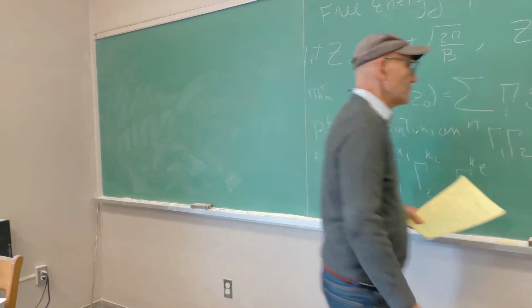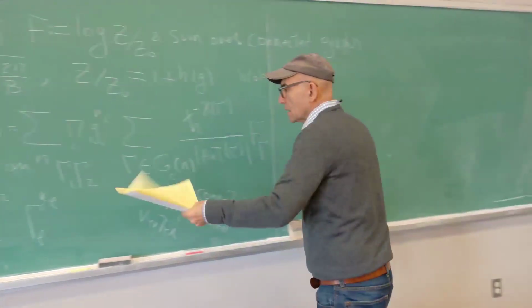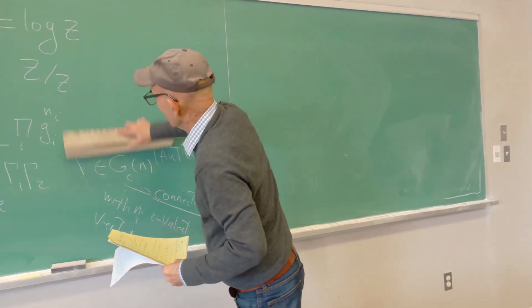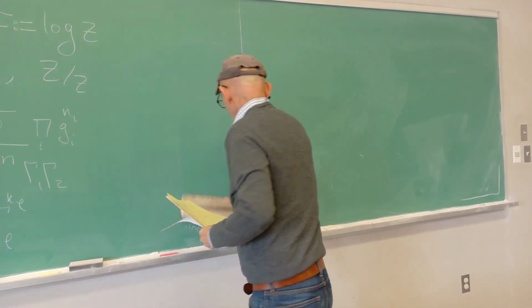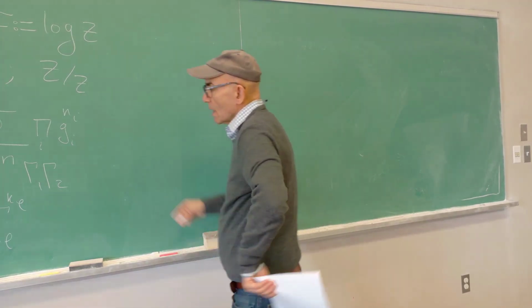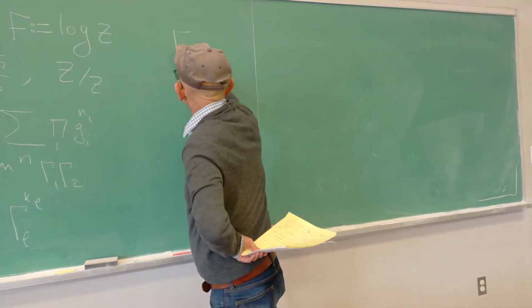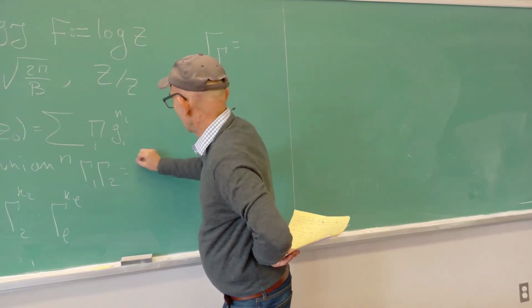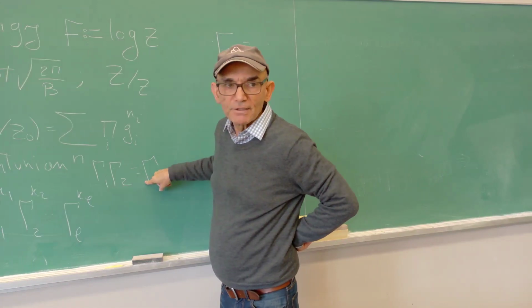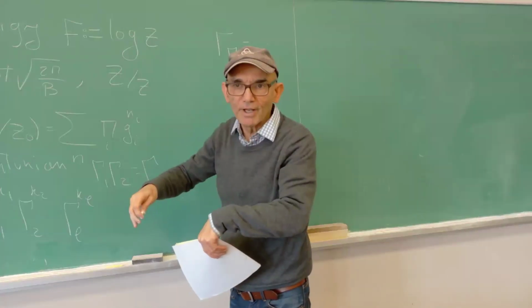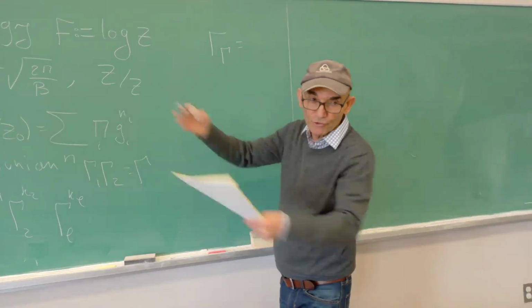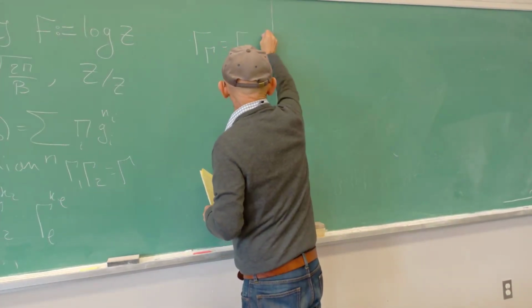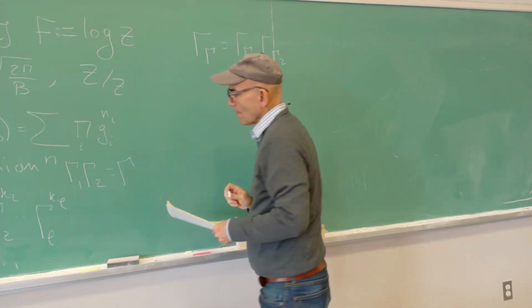Then one thing we have to observe about this operation is the following: the Feynman weight of gamma, if gamma is equal to gamma 1, gamma 2, is the product of their Feynman weights, because we multiply or contract, basically. So this is equal to the Feynman weight of gamma 1 times the Feynman weight of gamma 2.